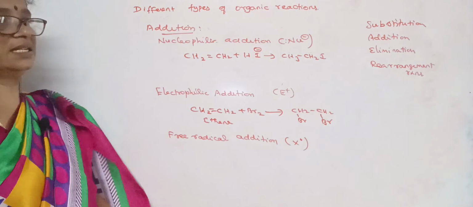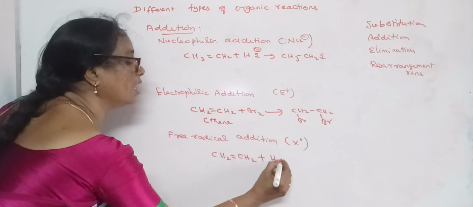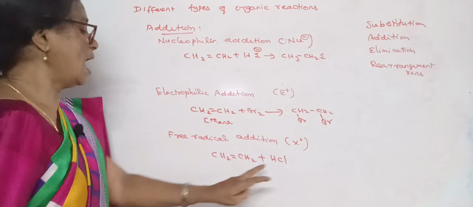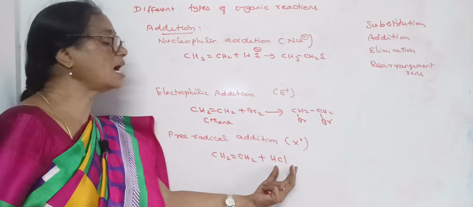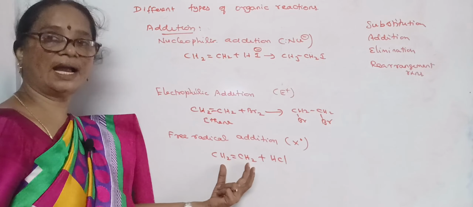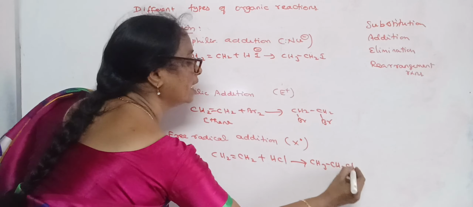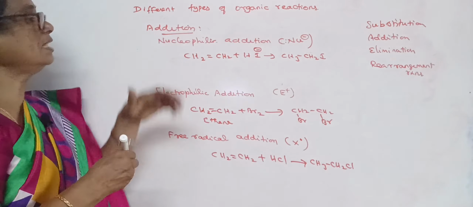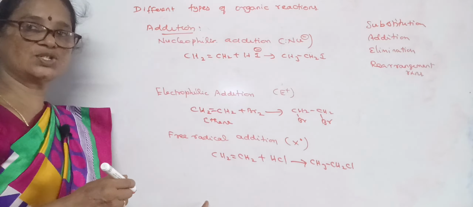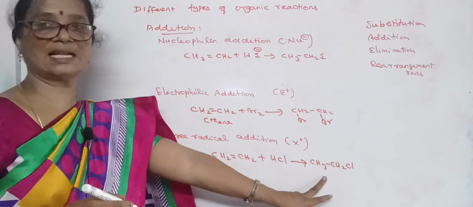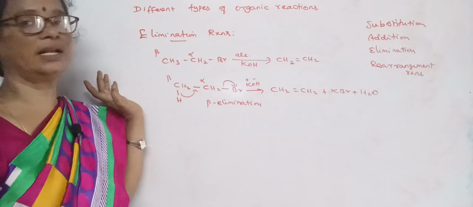And free radical addition is possible once again in ethene, where we take hydrogen chloride, and hydrogen chloride breaks up into H dot and Cl dot, which are highly reactive species. They can add to the carbon-carbon double bond, so it forms CH3CH2Cl. So in all addition reactions, the doubly bonded, unsaturated system is converted into a saturated compound.